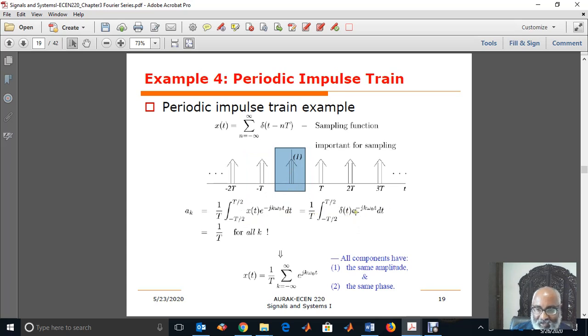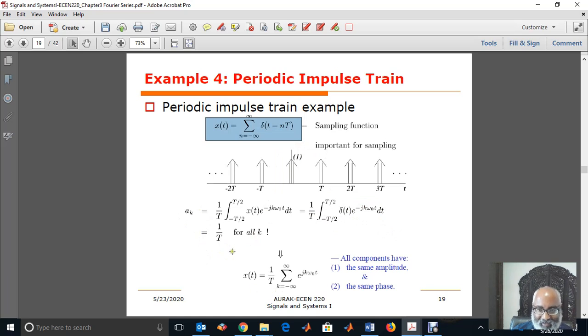And remember, when you multiply the impulse with any function, the second function will have value at the location of the impulse. Here it will become e to the power of 0, and e to the power of 0 is 1. So the integration of the impulse, as long as you include it, will be 1. So the result will be 1 over T. So the a_k are 1 over T for all k for this periodic impulse train.